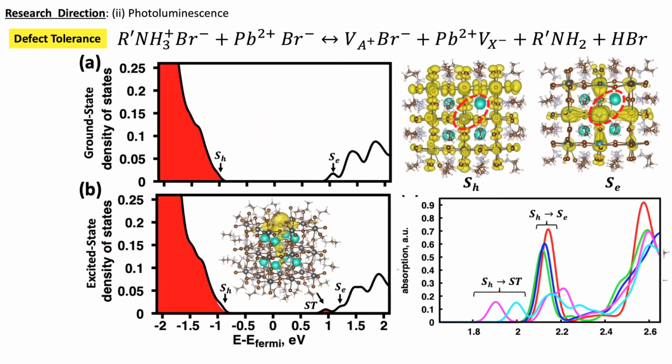And if one removes the pair of ligands in the area indicated by these dashed circles, there is an additional state on the surface trap that appears as a shallow defect close to the edge of the conduction band.